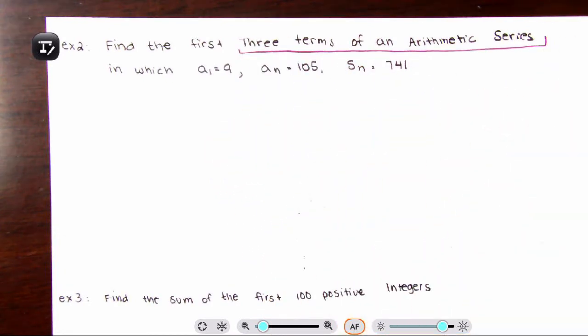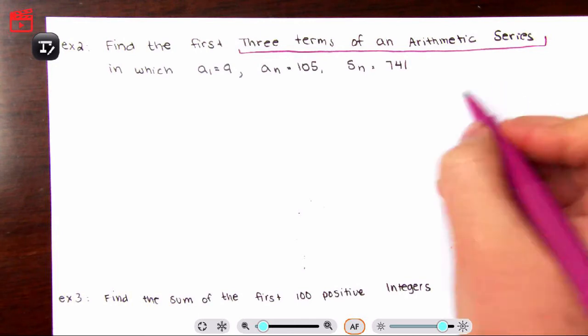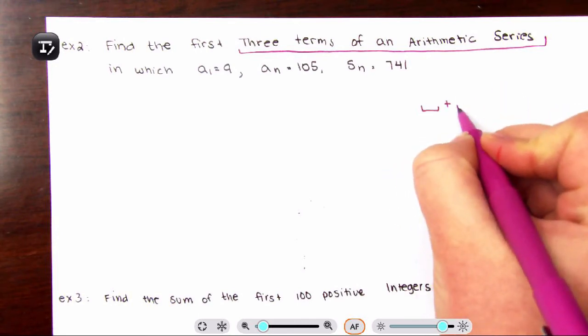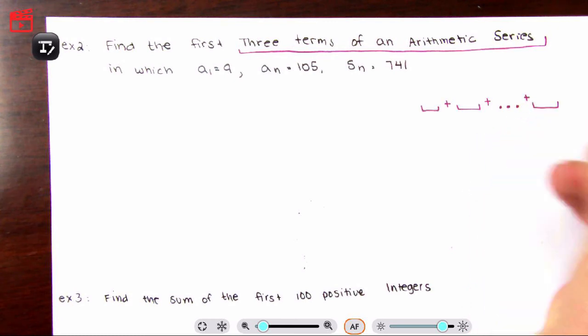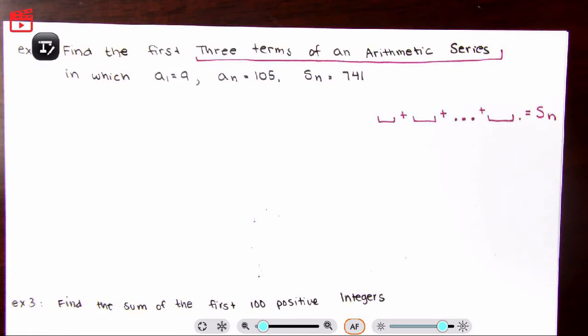So we know that we have added up some sort of number that is finite, and that's equal to s sub n. We don't know much, right? All we know is that we took a bunch of different numbers, we added them up together, and they ended up giving us a summation.